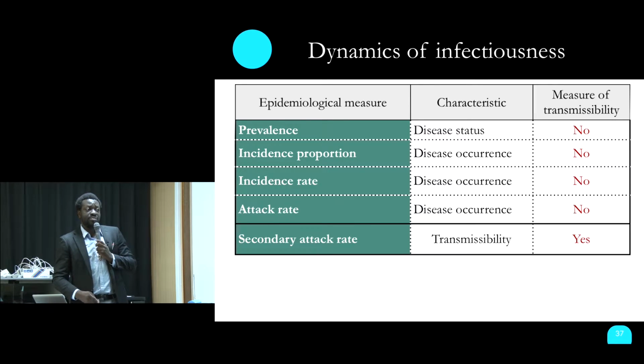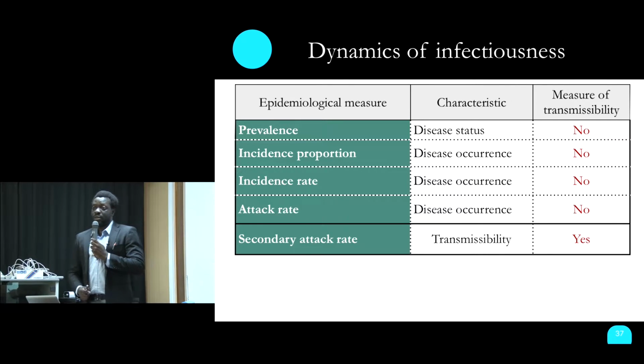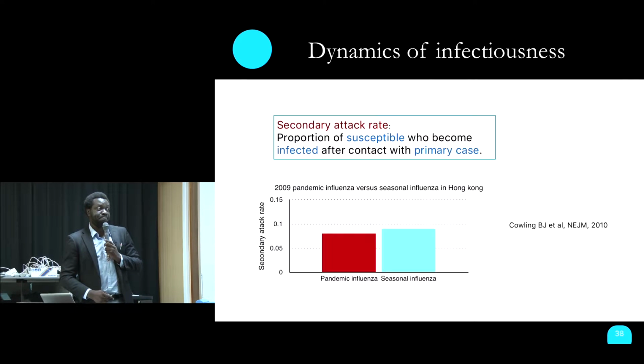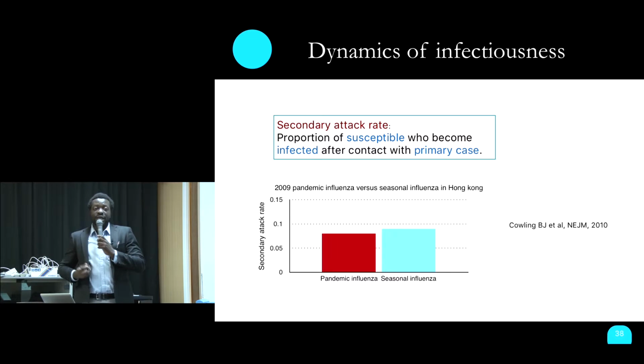One measure of transmissibility is the secondary attack rate. What is it? The secondary attack rate is the proportion of susceptibles who become infected after contact with a primary case. So we need to have a primary case here, and then we need to see how many people who were in contact with that primary case became infected.